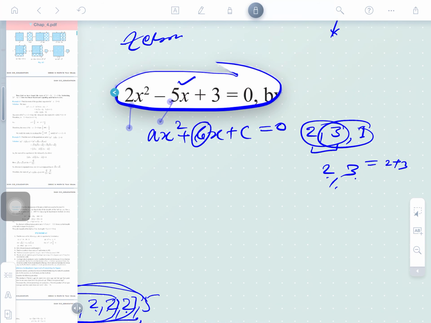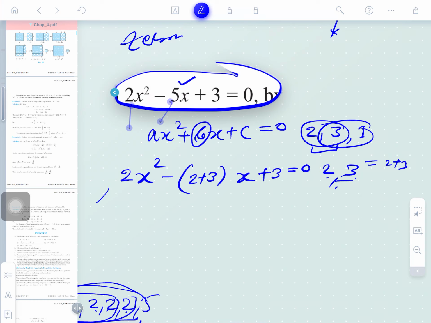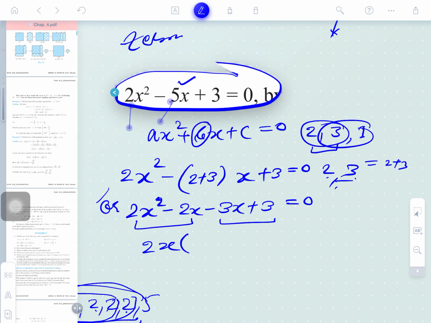So, this can be taken as 2 of x square minus, in place of 5 what can we write? 2 plus 3, and outside x plus 3 is equal to 0. 2 of x square and 2 of x minus 3 of x plus 3 is equal to 0. What is common in them? 2x is common here, x minus 1 left here, and minus 3 common, x minus 1 left here.